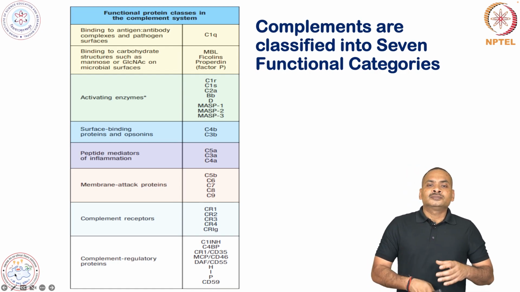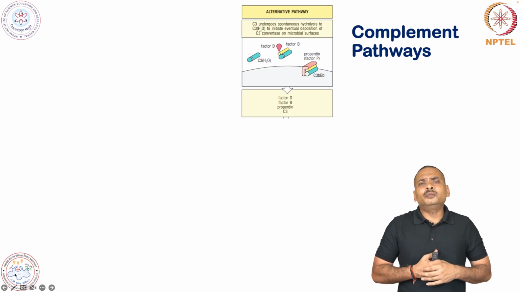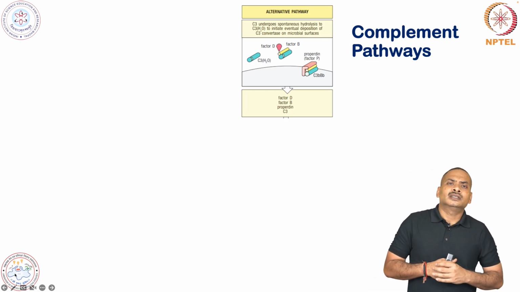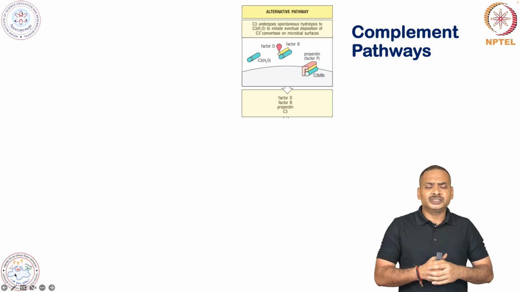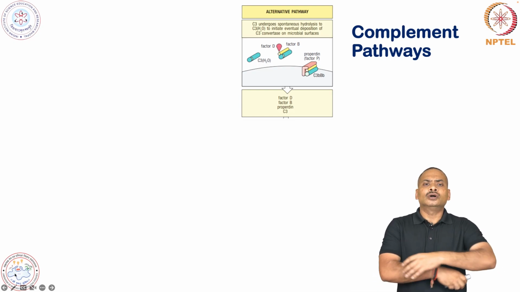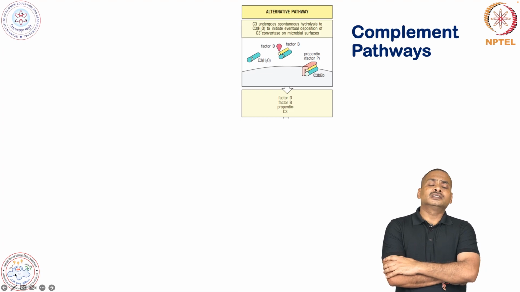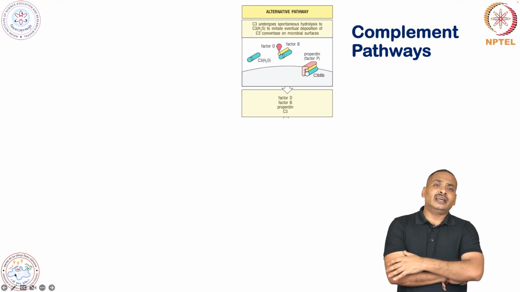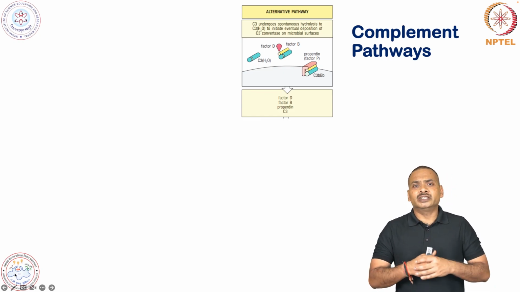Now, there are 3 complement pathways, and all these 3 pathways exist. First is the alternative pathway, and this alternative pathway is activated spontaneously when there is a microbial infection.